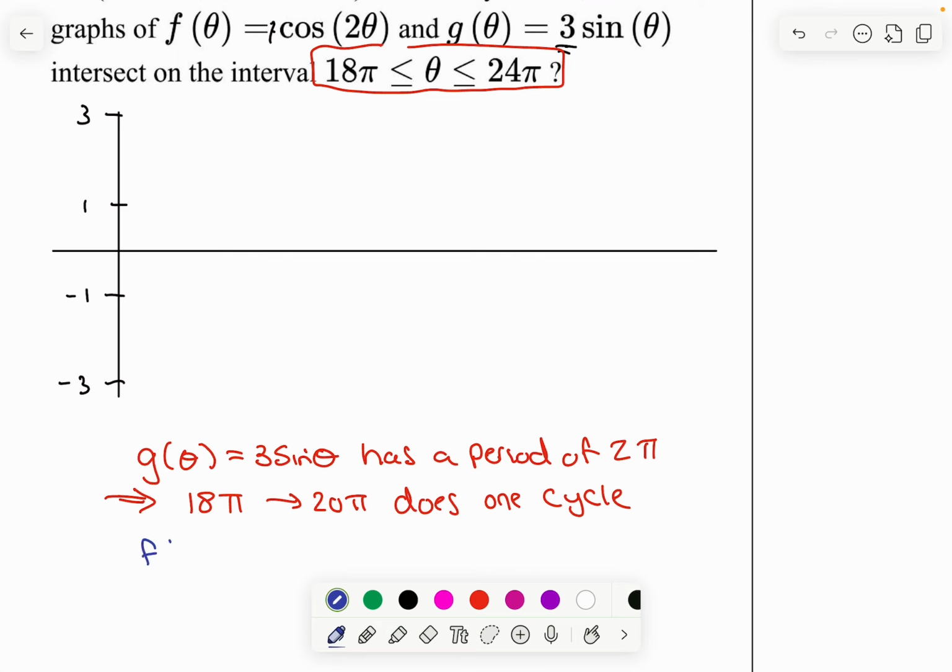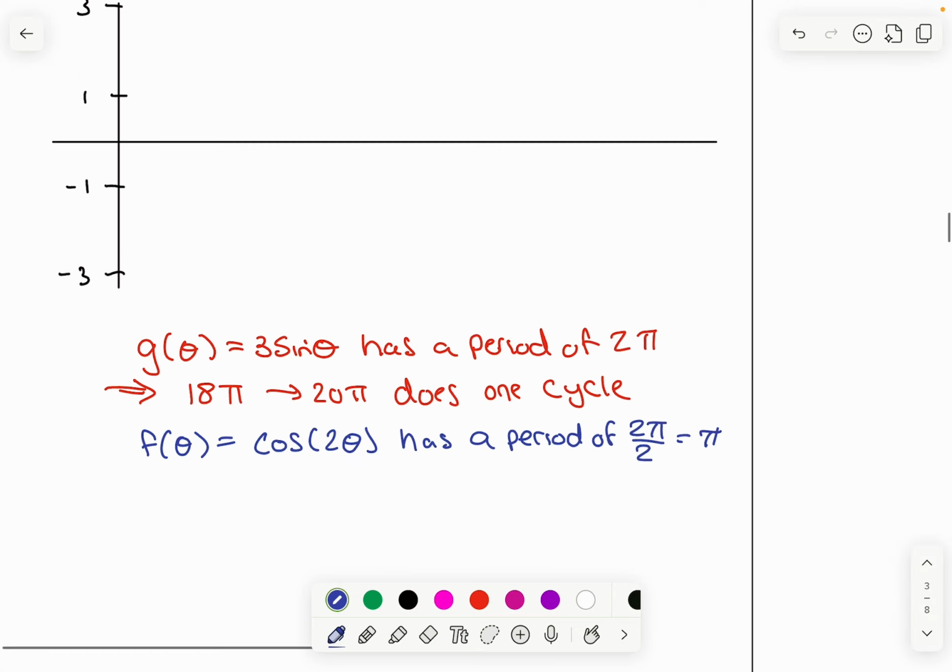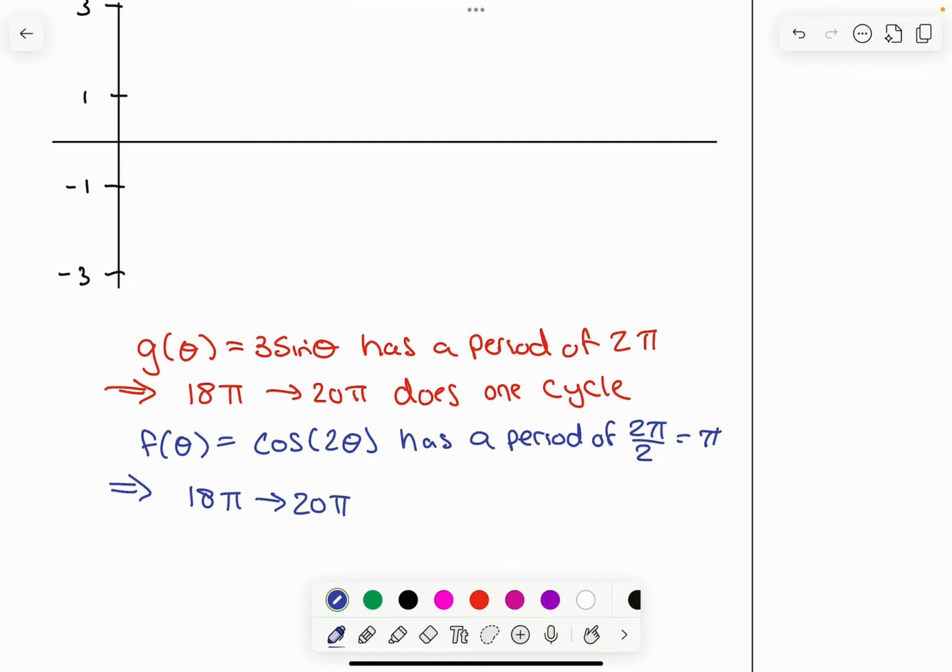Let's see what the cosine graph does. That's cosine of 2 theta. That has a period of pi, and so that means on the interval 18 pi to 20 pi, it does 2 cycles.